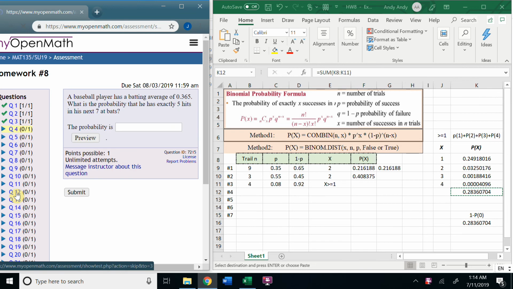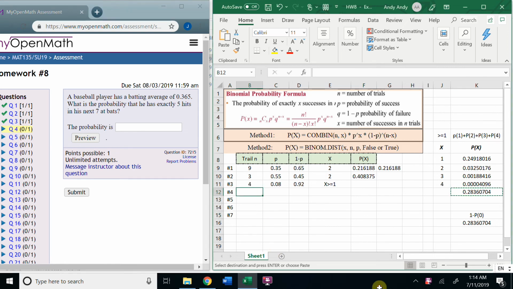Now let's do number 4. A baseball player has a batting average of 0.365. Ask for the probability he has exactly 5 hits in his next 7 at-bats. So n is 7. Here we have the probability 0.365, and 1 minus p is 0.635.